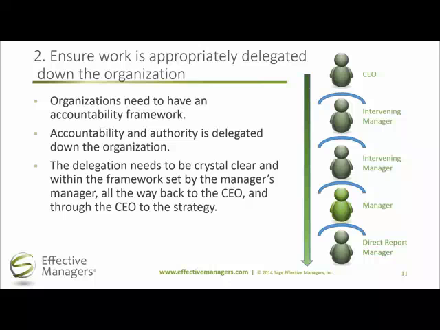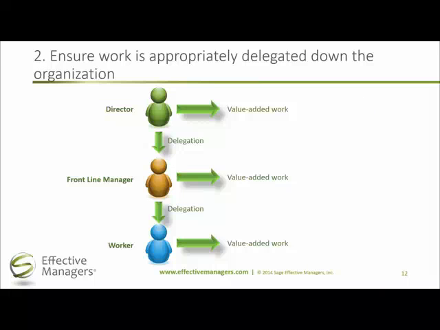So if everyone in an organization isn't using their energy and their talents and their resources to pull the organization in exactly the same direction, they will start to be working at counter purposes. I call that churn in the organization because they're not working in a coordinated and concerted way. So the CEO ensuring that this framework is in place for this delegation of work down the organization is really important, ensuring that people are coordinating and combining their efforts in a useful way.